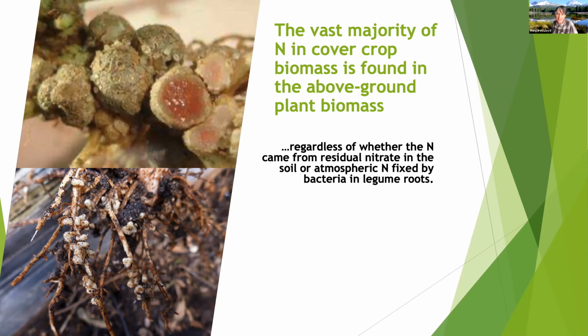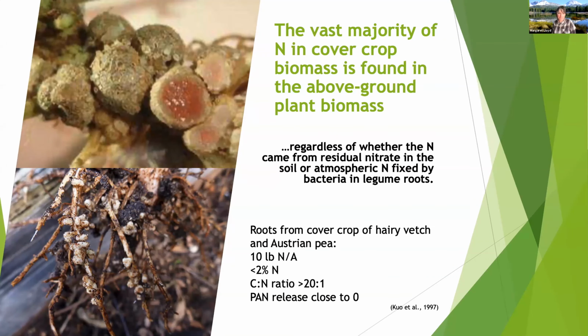To give you an example, in a hairy vetch and Austrian pea cover crop that had 100 pounds of nitrogen per acre in the above ground biomass, the roots had about 10 pounds of nitrogen per acre. And when you also look at the makeup of those roots, they had a tissue content of less than 2% nitrogen and a C to N ratio of more than 20:1.